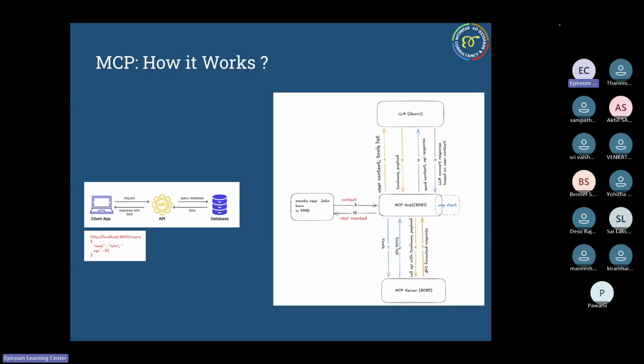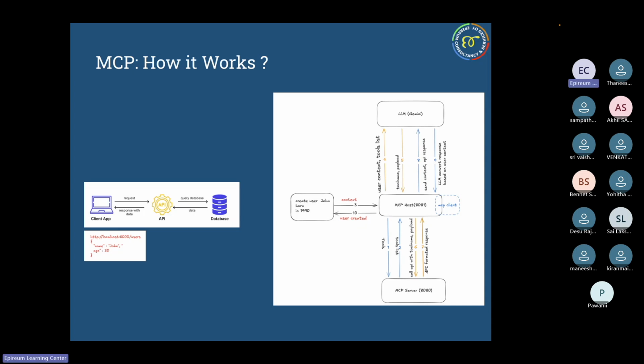Now you see, before even sending it, when you bring the MCP host up, the very first thing it will do is try to get the available tools from each MCP server it has been configured with.